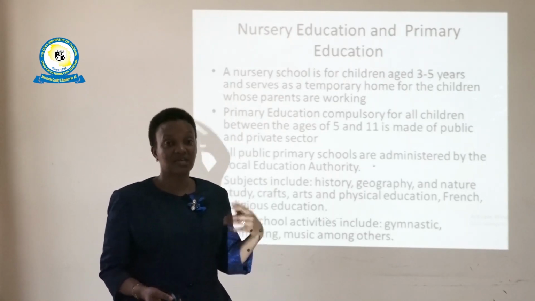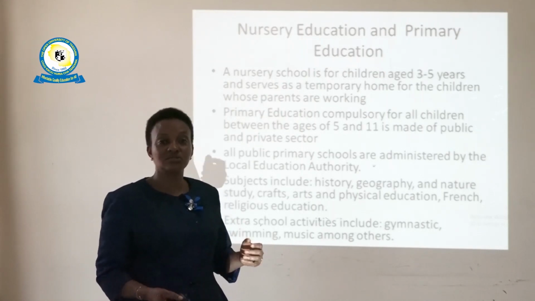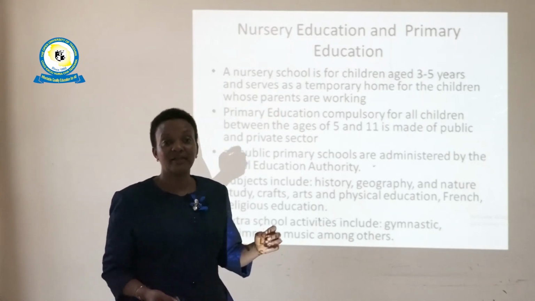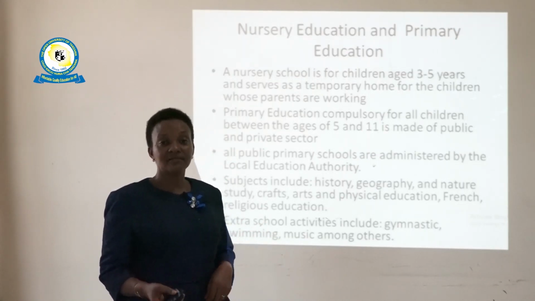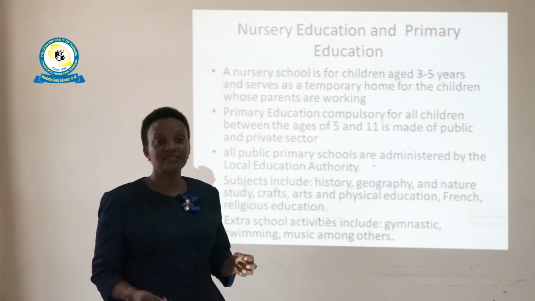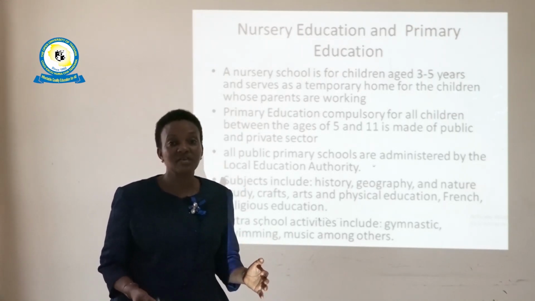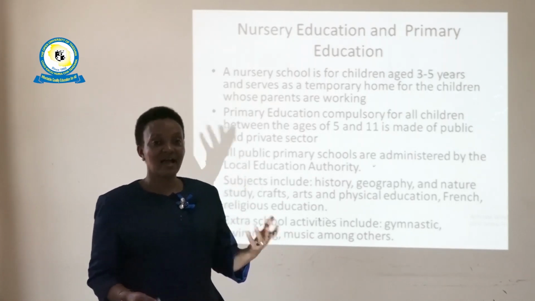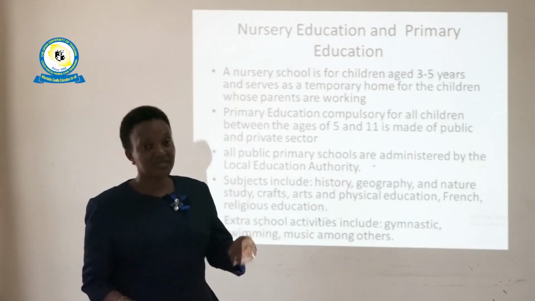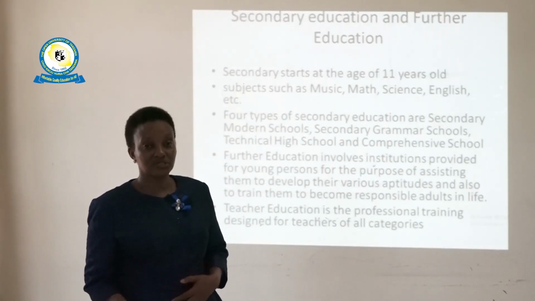The subjects that are taught in primary education are history, geography, nature study, crafts, arts and physical education, French, and also religious education. Extra school activities are also taught, like swimming, music, and any other interesting games.